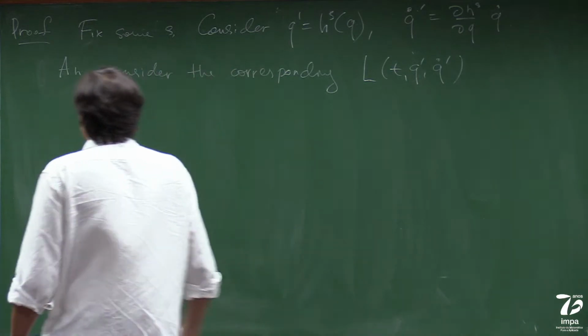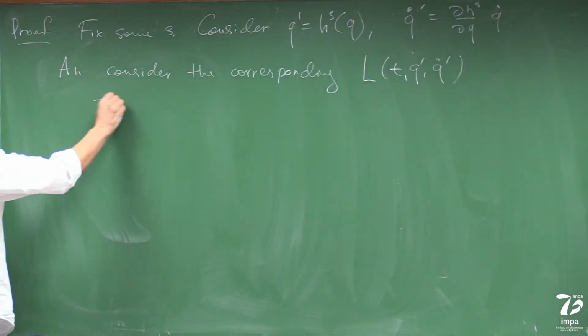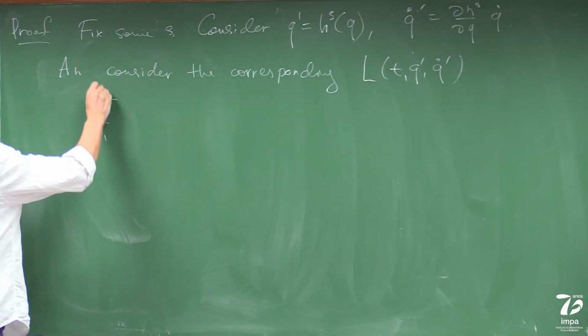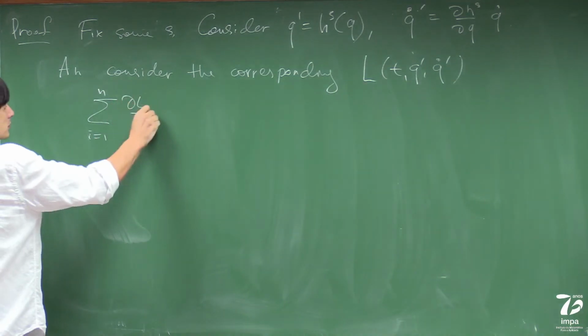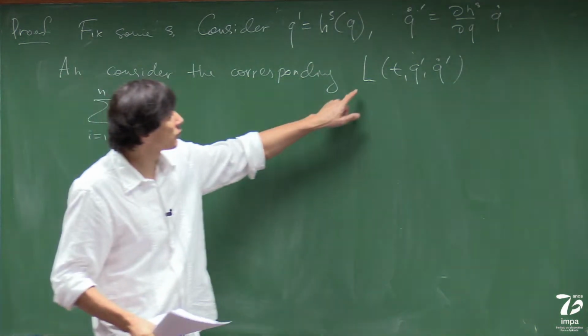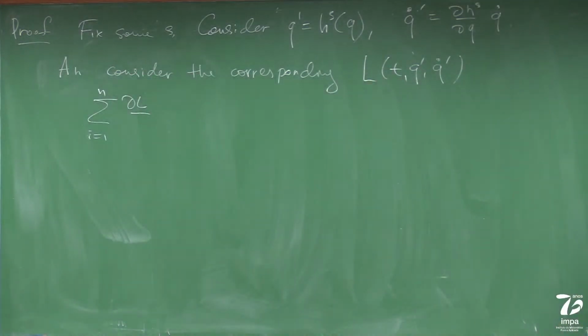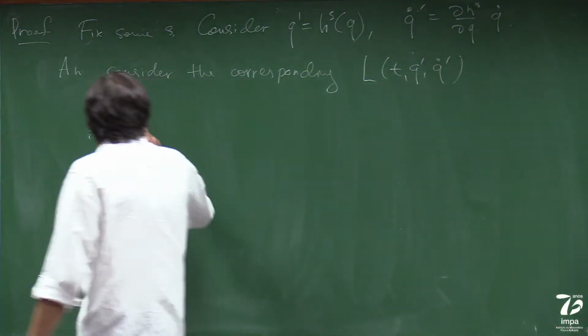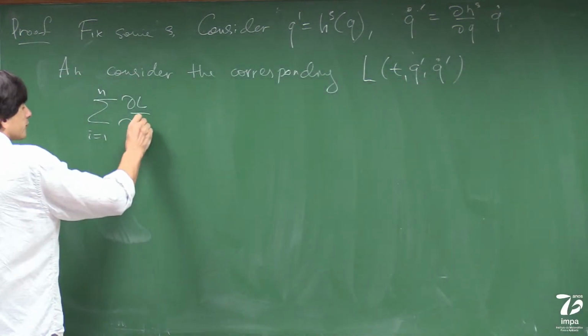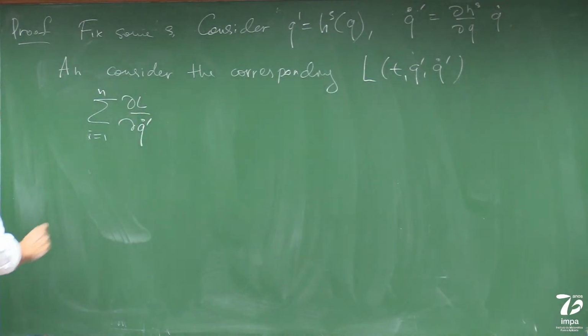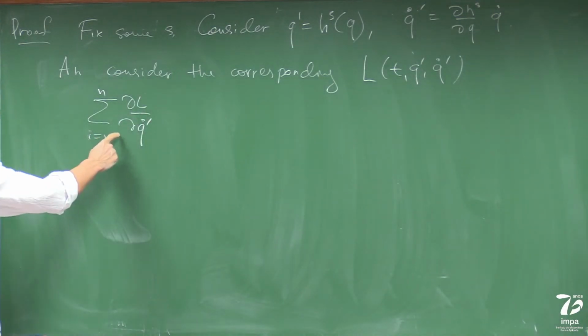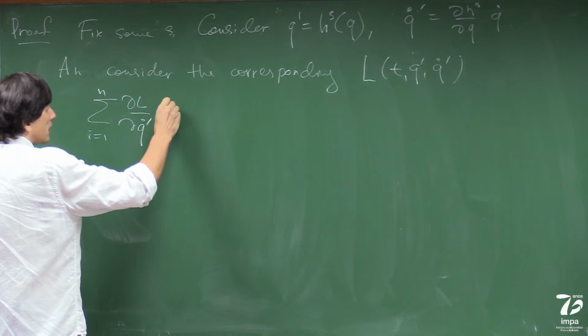Let's write the expression for that Lagrangian in primes, but remember, L is the same. This condition gives you that in all coordinates it is the same L. So now we can define exactly the same relation, but now for any S.